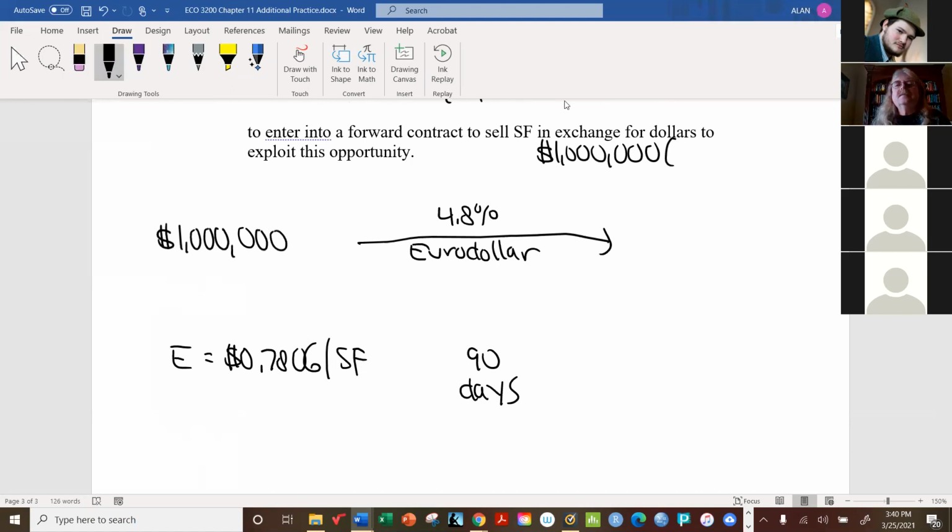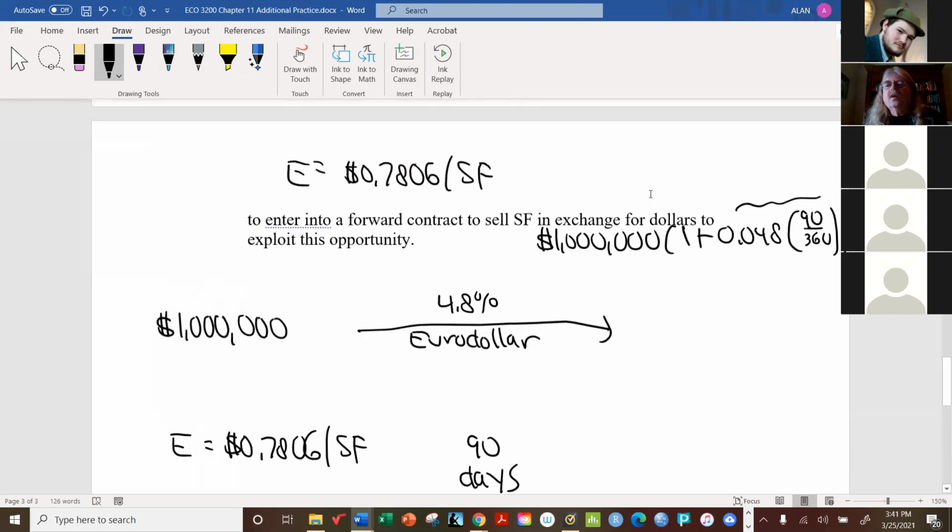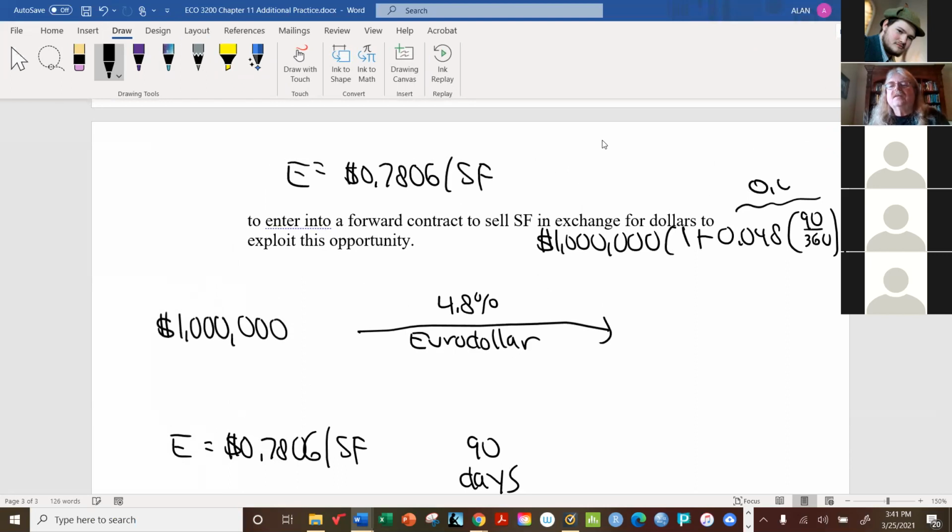It's 1 plus 0.048 times 90 over 360. That's better. Why? Because this is the amount of interest that's actually being paid. 1/4 of 4.8% is actually 1.2%. So whether we're borrowing or lending, in 90 days, the dollar amount will grow to $1,012,000.